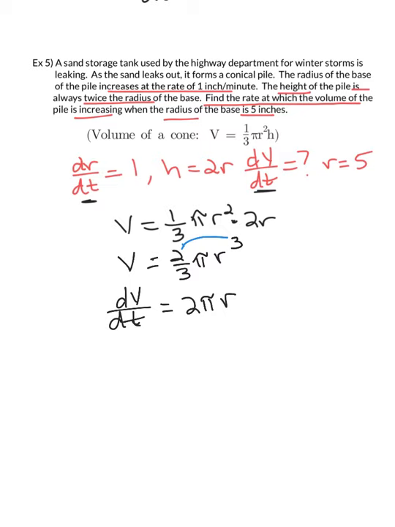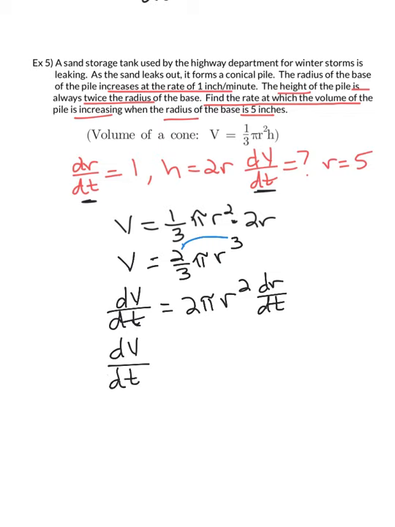The power on r goes down now to be 2, and because we did the derivative of r, we have to write dr/dt. We are looking for dV/dt, and this equation is already solved for dV/dt.